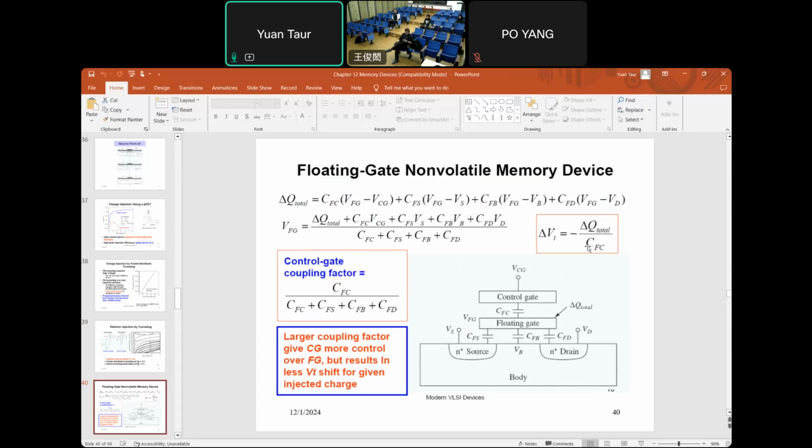If it's too small, that's not good either, because then the floating gate is not very coupled to the control gate. So there's a design compromise for this capacitor between control gate and floating gate, such that you can control the voltage of the floating gate without having to put too much charge to shift the threshold voltage.